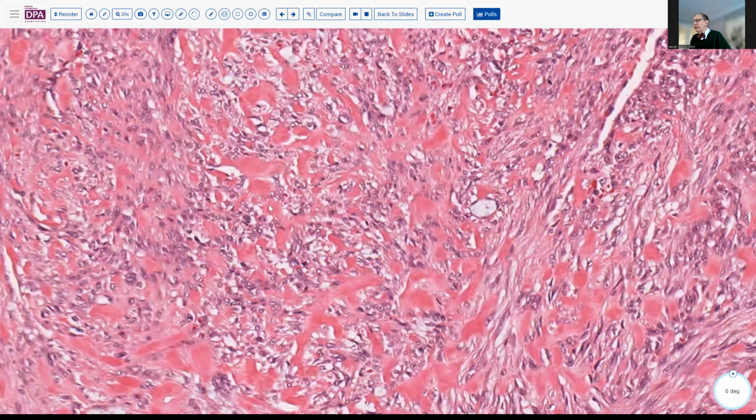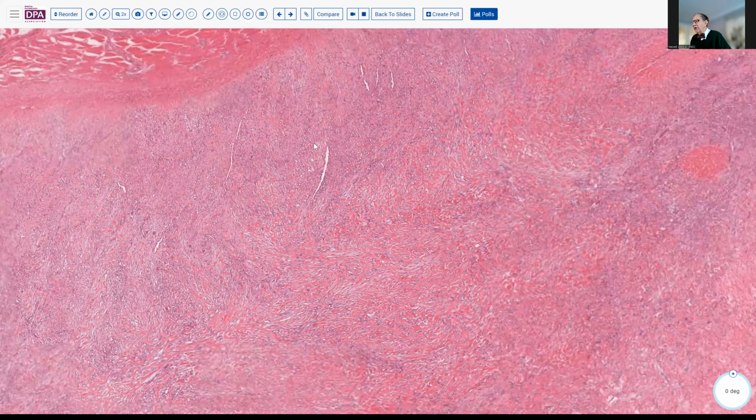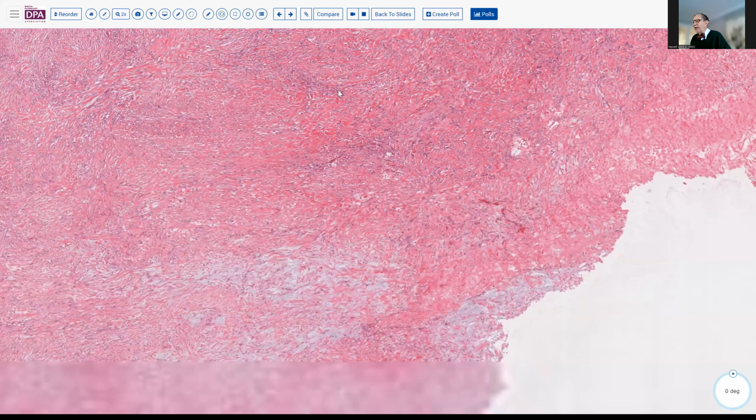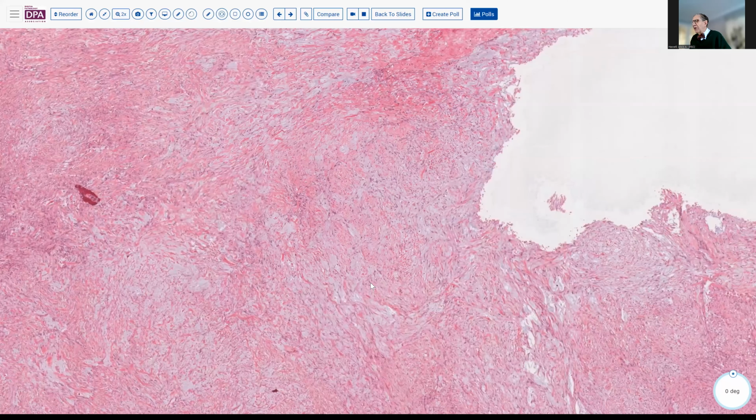So again, our differential is kind of a low-grade spindle cell lesion. And it has some degree of maybe zonation, kind of like that myositis ossificans lesion. In areas down here, it's quite myxoid. So it harkens back to that chondromyxoid fibroma.